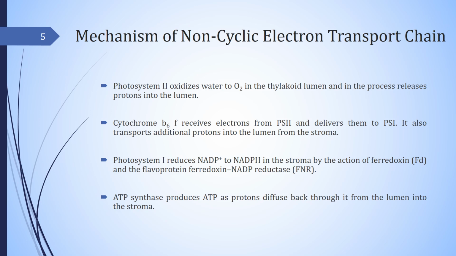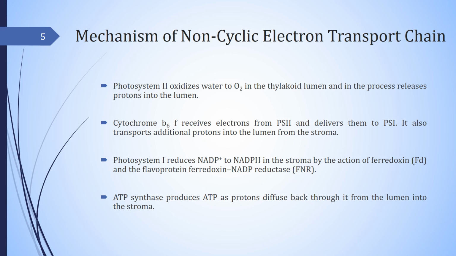Mechanism of the non-cyclic electron transport chain in chloroplasts. We can summarize it into the following steps. Photosystem 2 oxidizes water to oxygen in the thylakoid lumen and in the process releases protons into the lumen. Cytochrome b6f receives electrons from PS2 and delivers them to PS1.